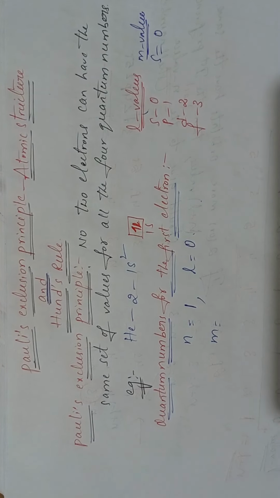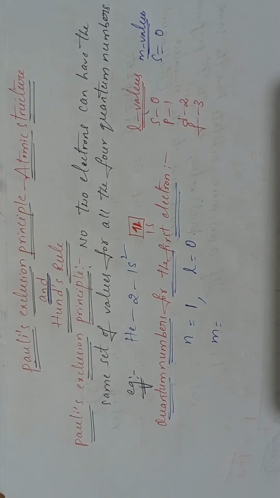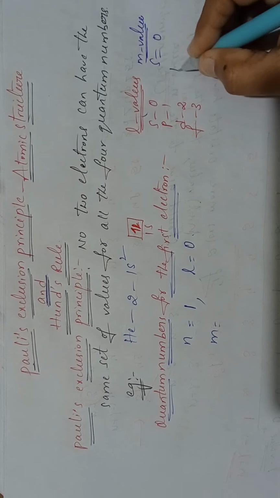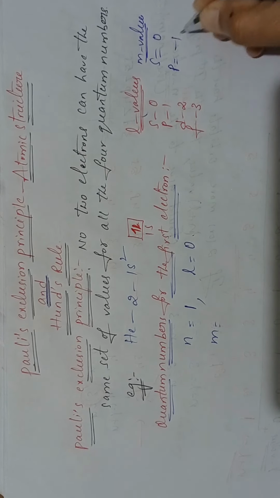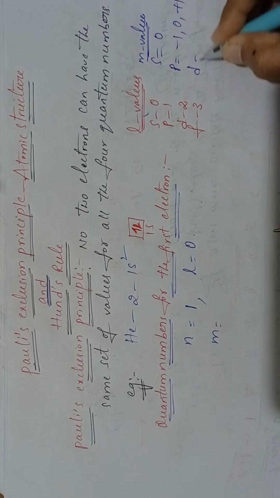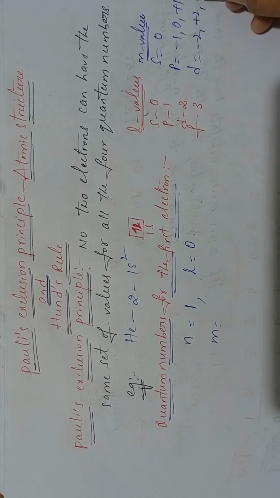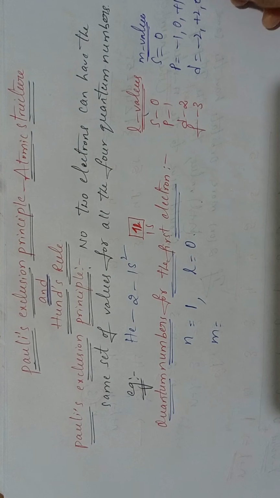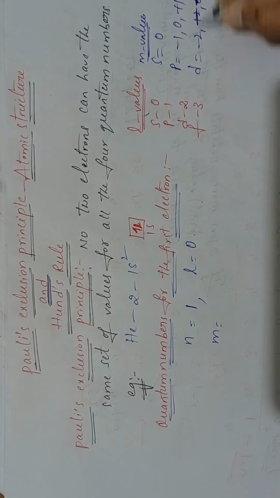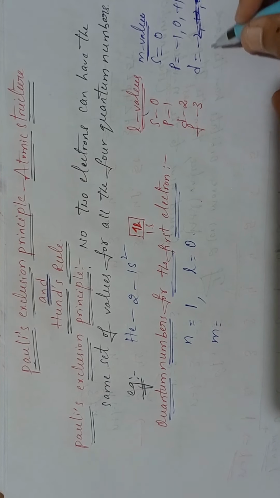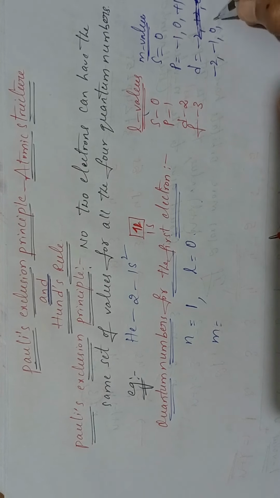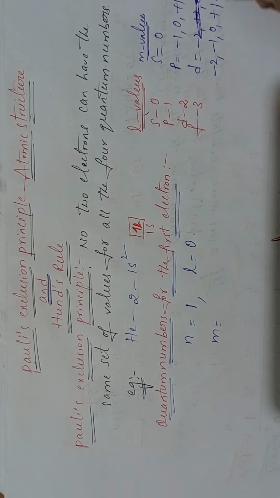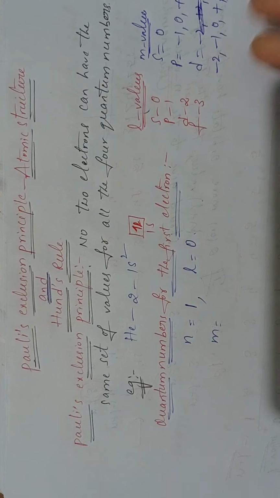For the p subshell it has different values: -1, 0, +1. For the d subshell, -2, -1, 0, +1, +2.